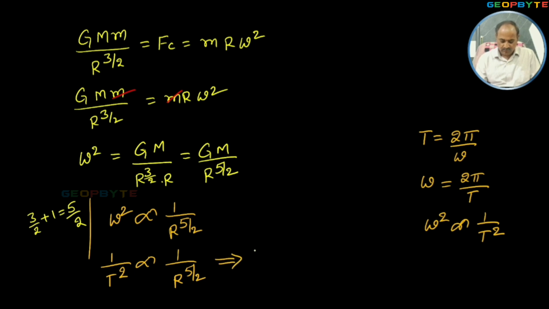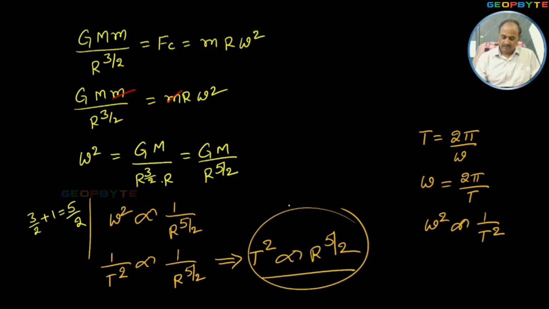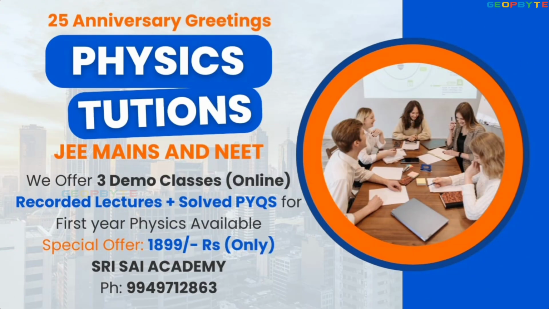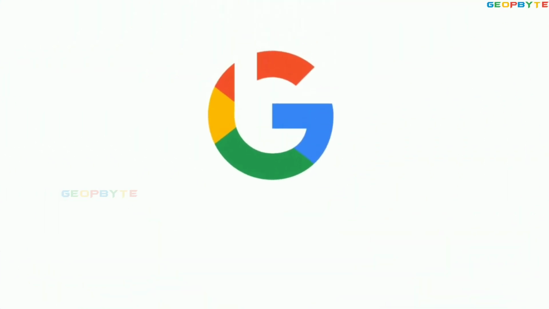From this I can conclude that T square is proportional to r power 5 by 2. This is the relation between the time period and radius of circular orbit. Look at the options. T square is proportional to r power 5 by 2. Option A is absolutely correct. Understood clearly? Yes.